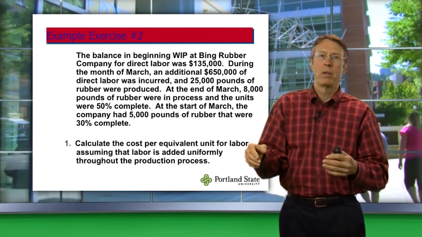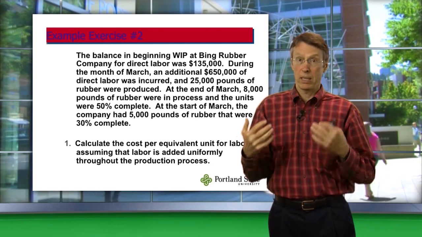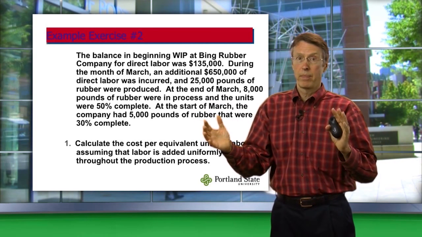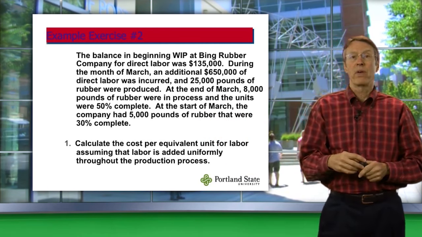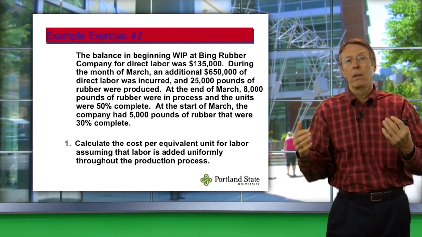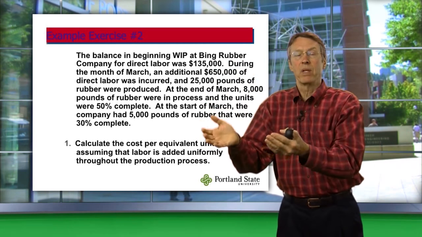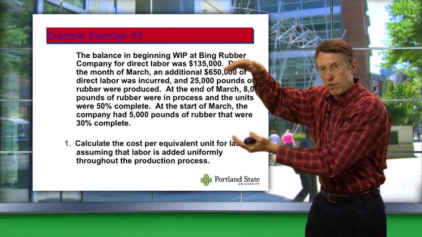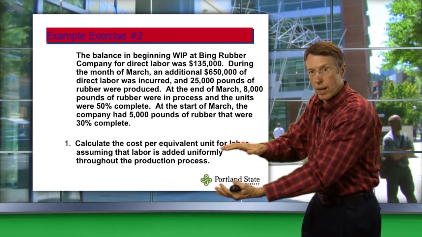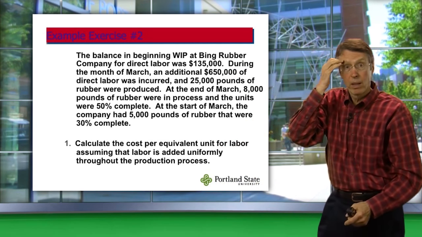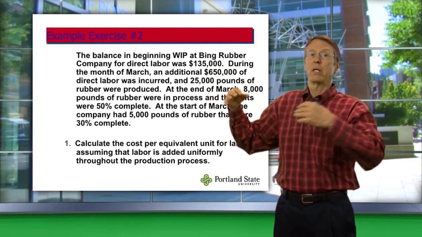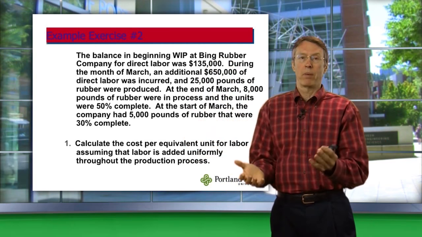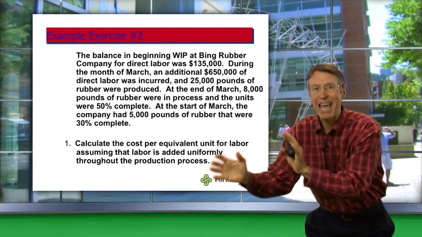At Bing Rubber, the direct labor balance at the beginning of the month was $135,000. During the month, an additional $650,000 of direct labor was incurred. So essentially they layered $650,000 of direct labor costs on top of the $135,000, and that resulted in 25,000 pounds of rubber being produced.